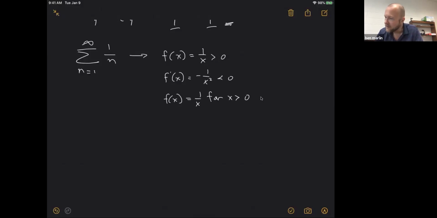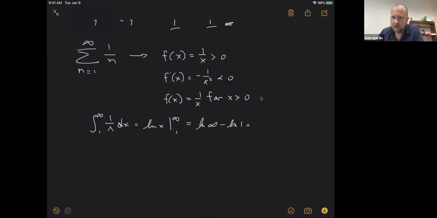So once we've got that, we just take the integral from 1 to infinity of 1 over x dx, which is going to be log x evaluated from 1 to infinity, which is going to be the log of infinity. I should be super proper here and write the limit as n goes to infinity of the log of n, but you know what I mean.